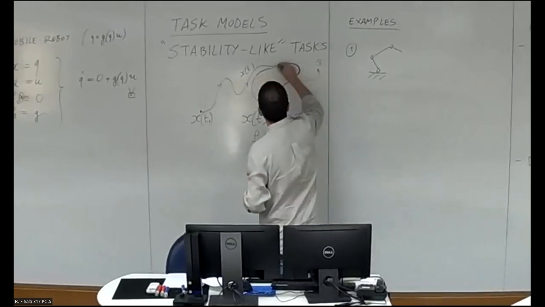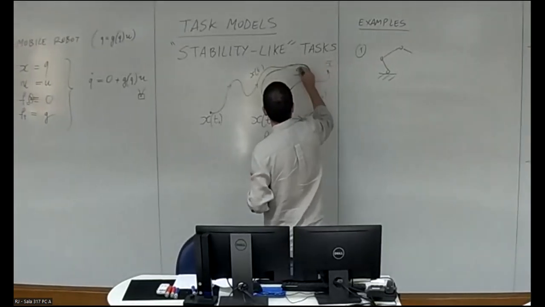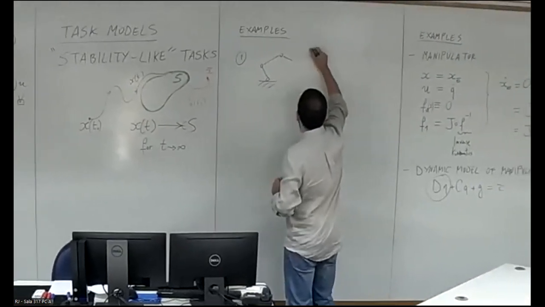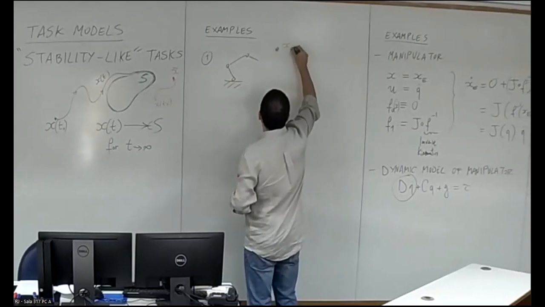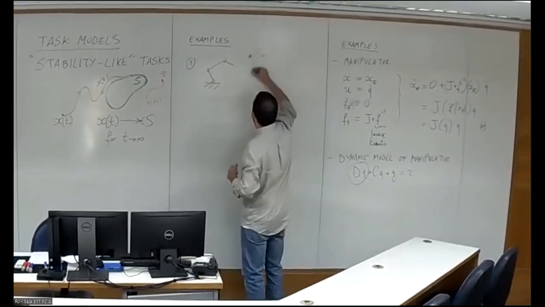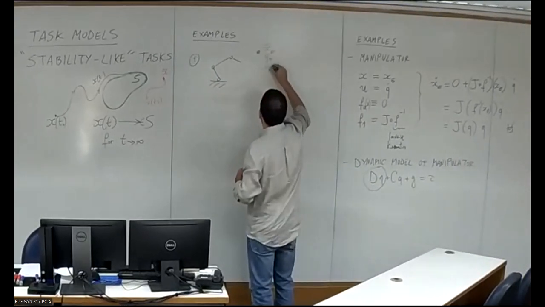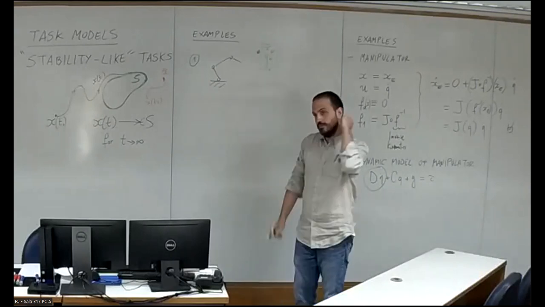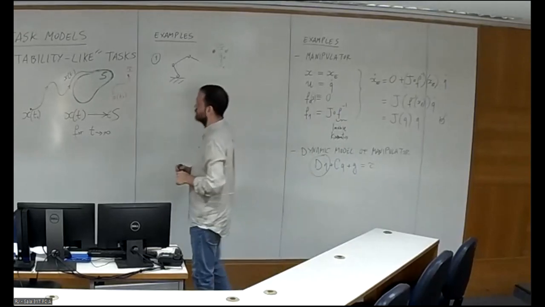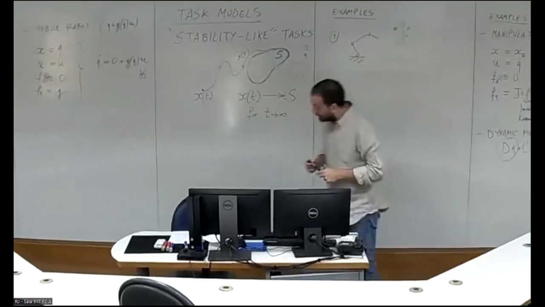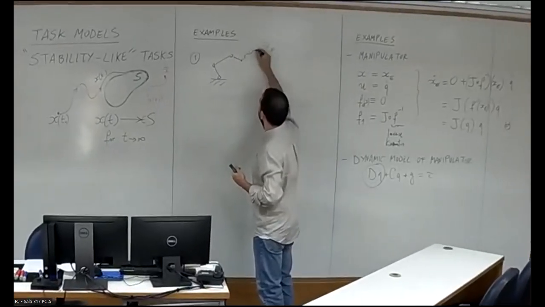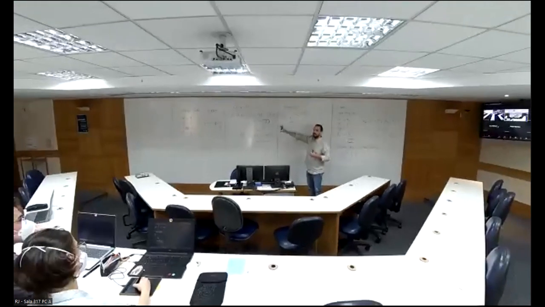So let's give a name to this set S. In this case, the x of the end effector desired. The whole pose, by the way, is our set. So the manipulator that moves to reach this from its initial state is executing this kind of task.